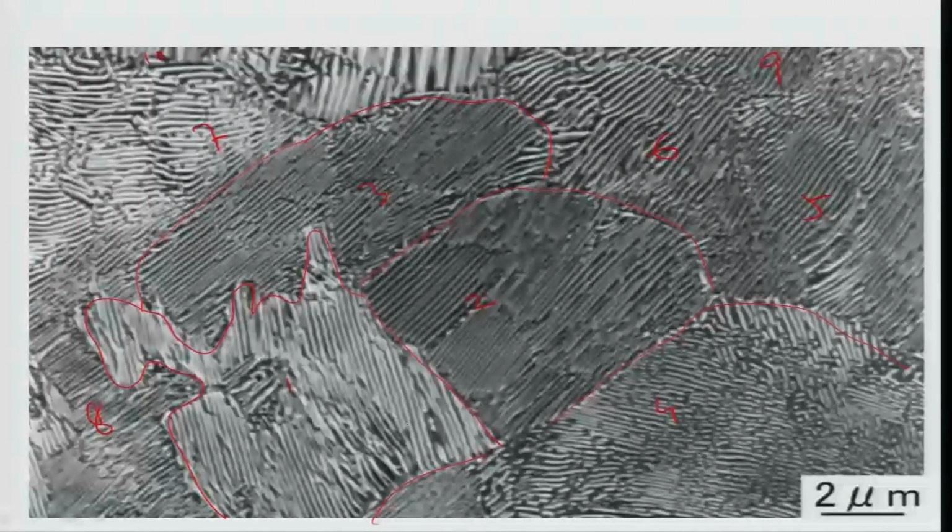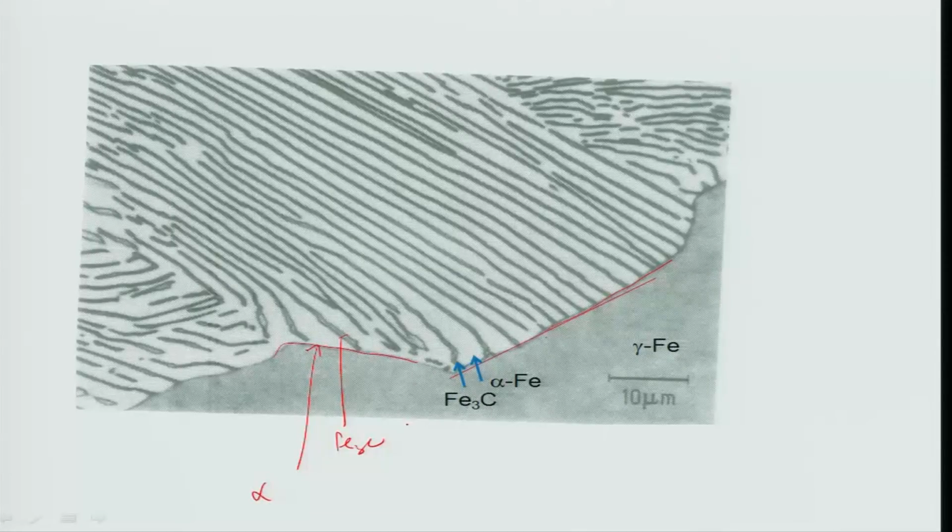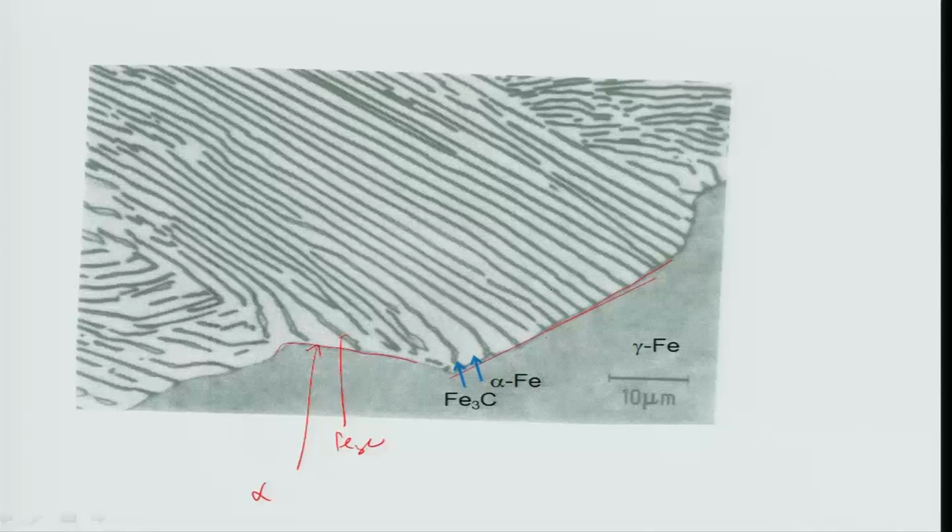And I told you in the last class how this transformation actually happens. I am going to discuss it in more detail today. Basically, this picture, which was taken from the book Making, Shaping and Treating of Steel by US Steel Corporation, tells you the fact very clearly. As you look at it, this is a curved front between the pearlite, this is pearlite P, and the austenite or gamma.